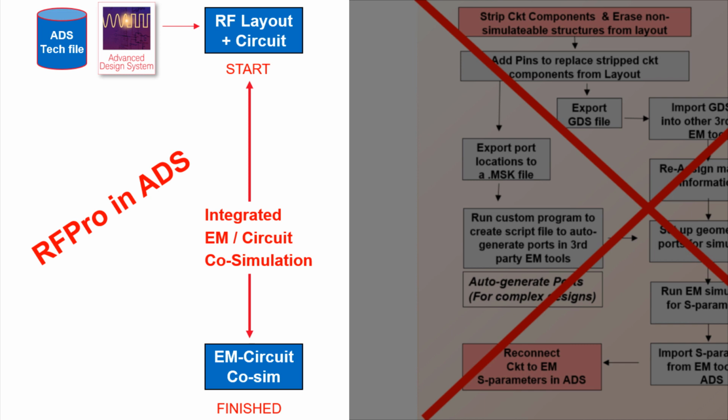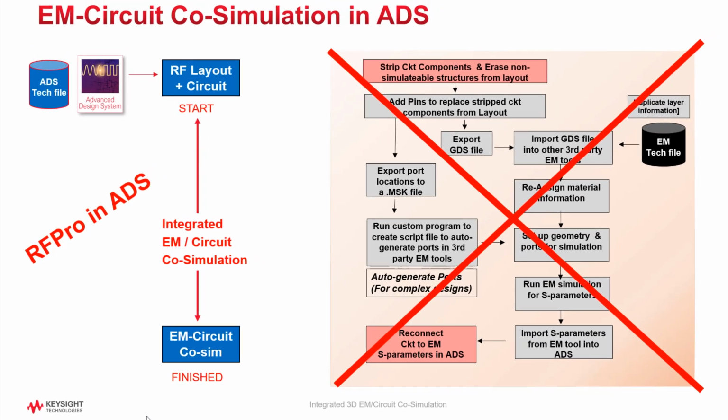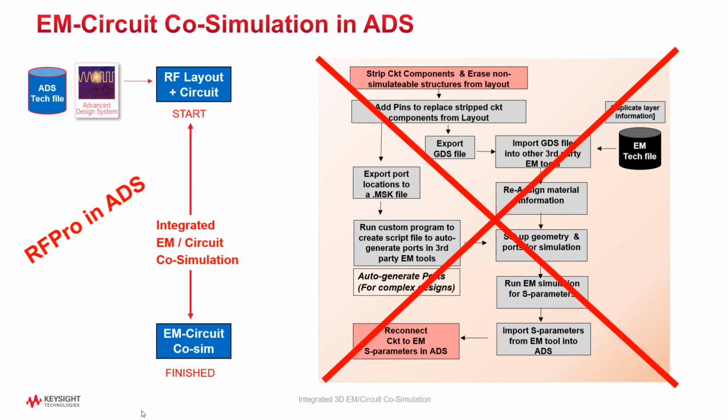In this new process, there is no layout modification whatsoever, and there is no manual reconnection of SMD components and active devices. The whole process and the EM setup are totally integrated and automated and error-free.